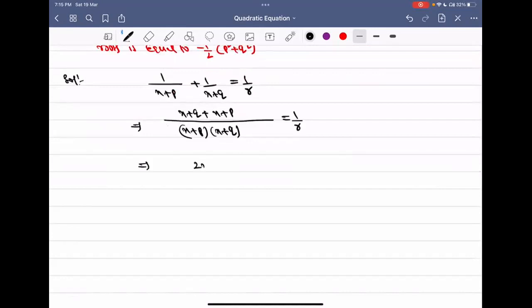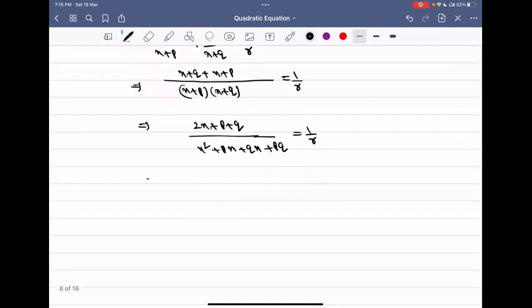So this implies 2x plus p plus q over x square plus px plus qx plus pq is equal to 1 by r. So if you cross multiply, then what you get? 2rx plus pr plus qr is equal to x square plus px plus qx plus pq.